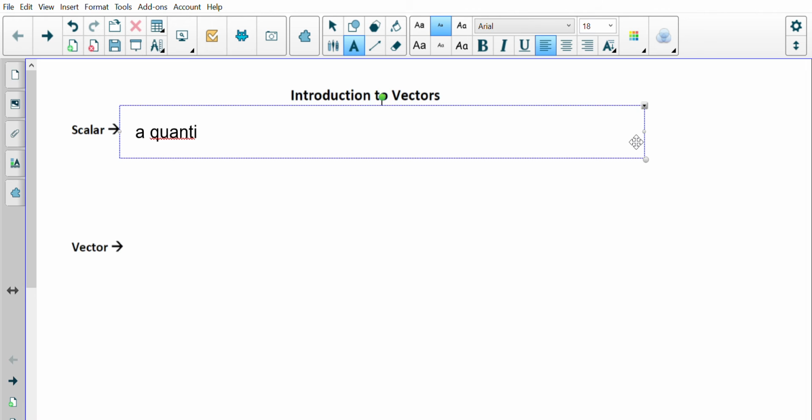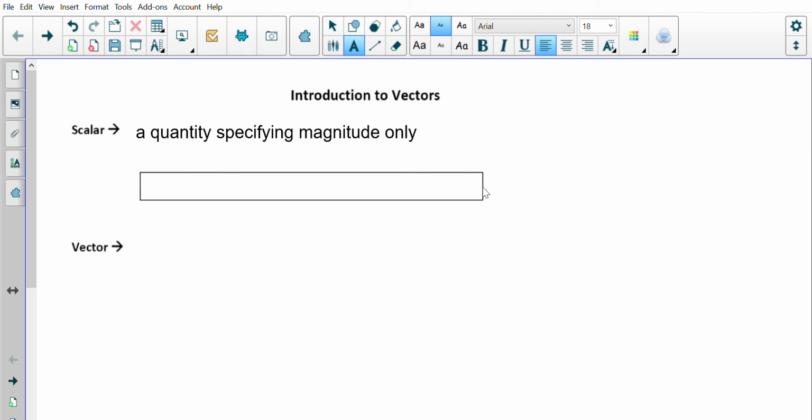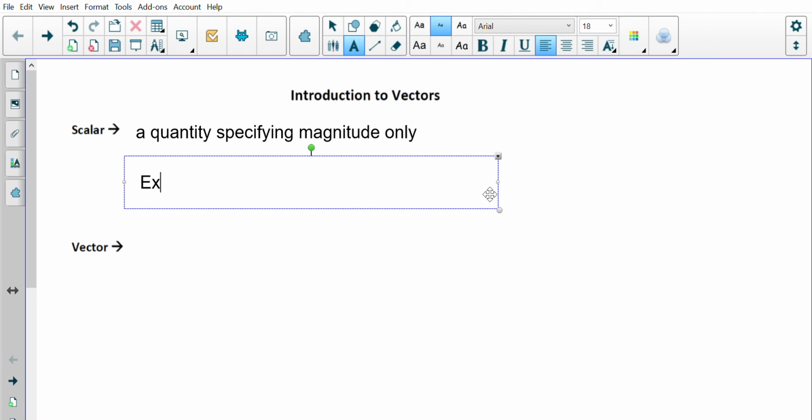And again, a quantity is anything you can count that's specifying magnitude only, which means it only talks about its size. So for example, we've got 5 apples.